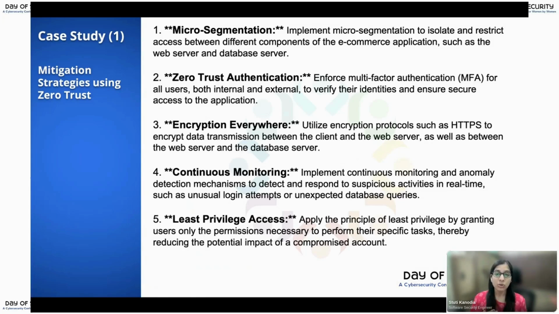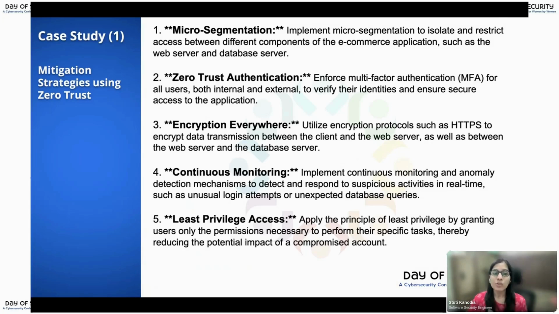If the web server wants to talk to the database server, that data also needs to be encrypted, because if an attacker gets into your application, they can pivot and access the database or the web server as well.